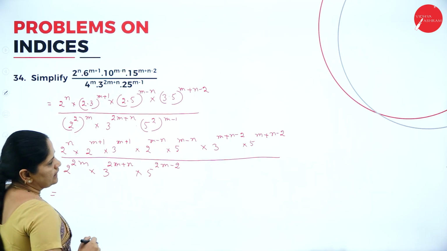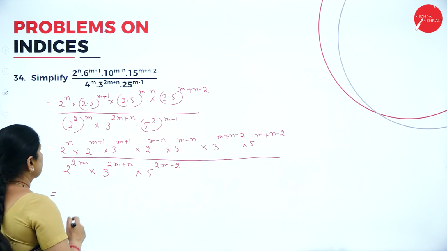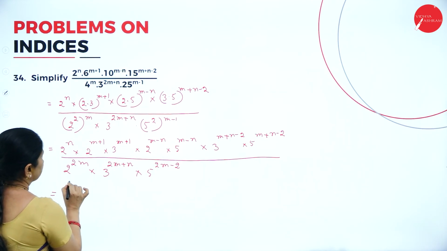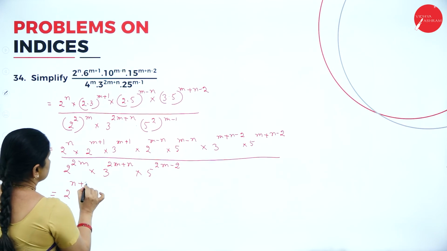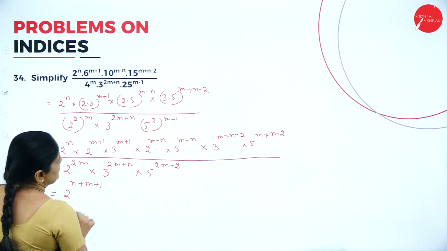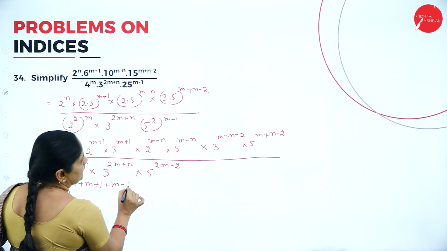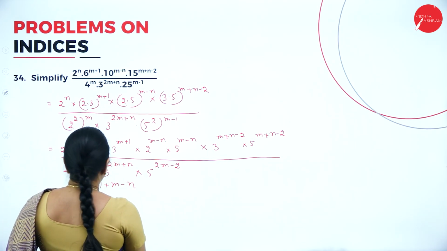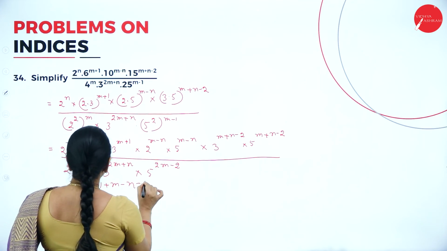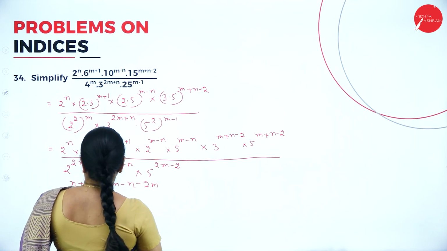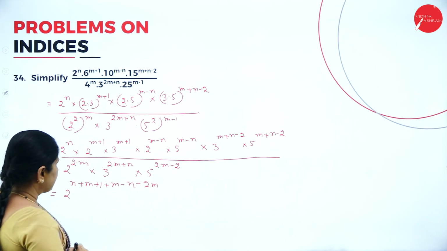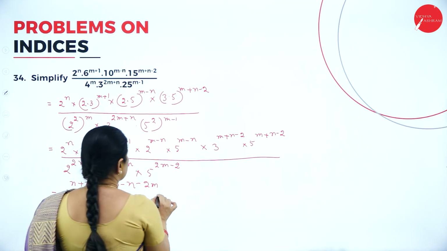So, whatever are the base 2, I will segregate here. So, 2 to the power of n plus m plus 1 plus m minus n, then minus 2m. Then next I have this base 3.